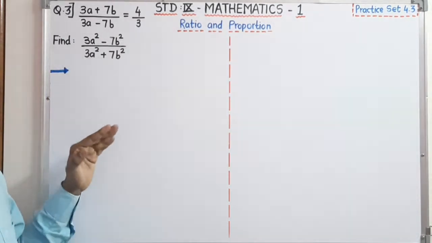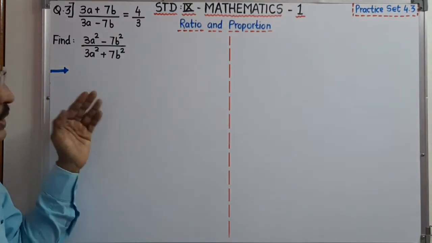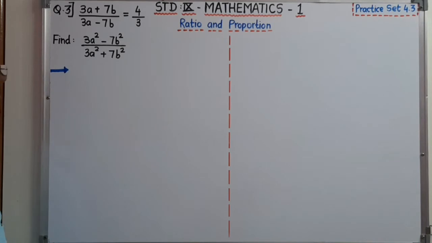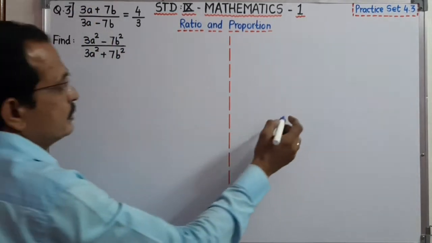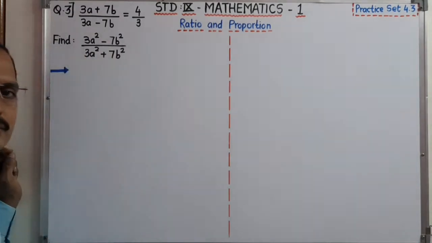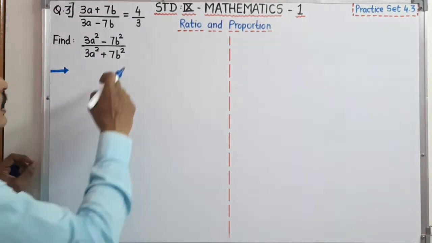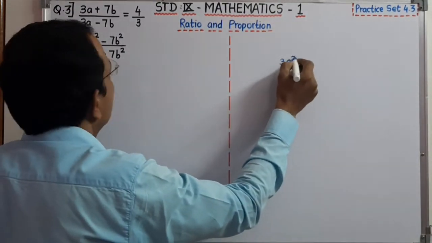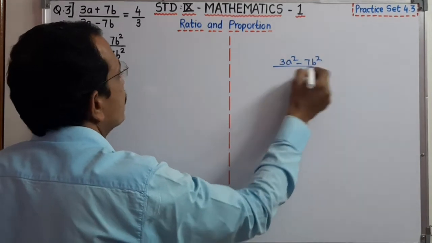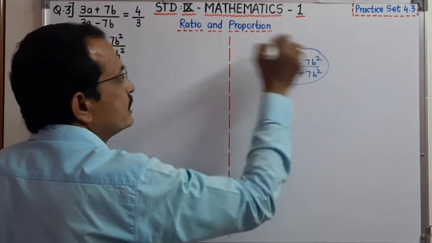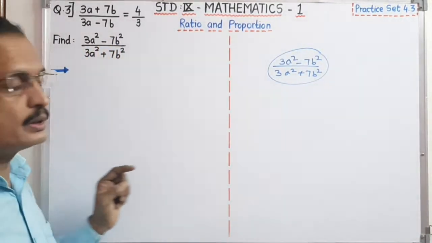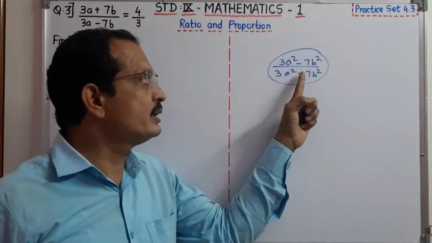See dear student, in the second question we solved such type of questions. Now see here, for finding out this, just now I told you that we have to go step by step. Therefore 3a square minus 7b square upon 3a square plus 7b square. For finding out this, we have to do the, see dear student, it is minus and here it is plus.